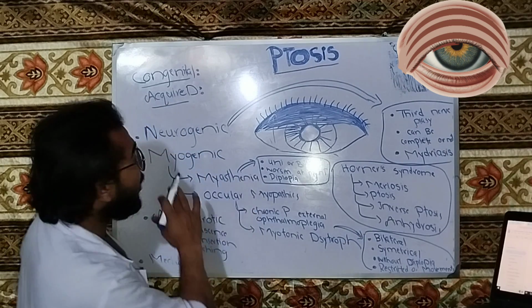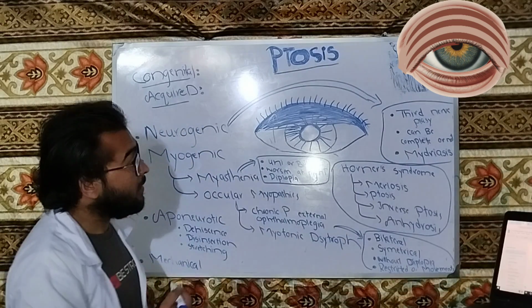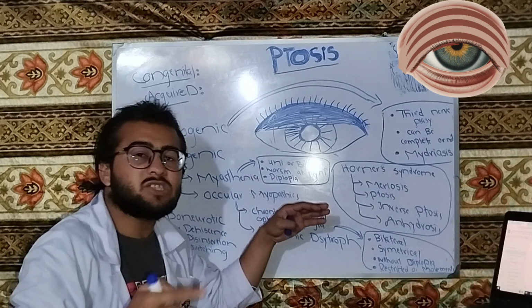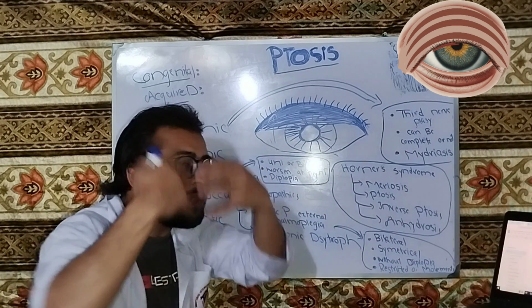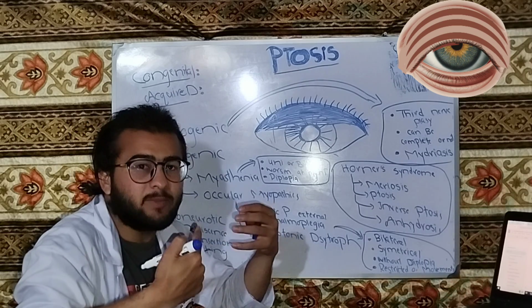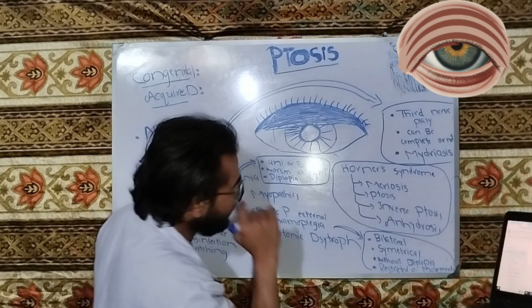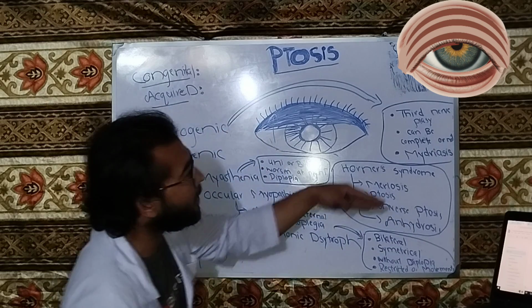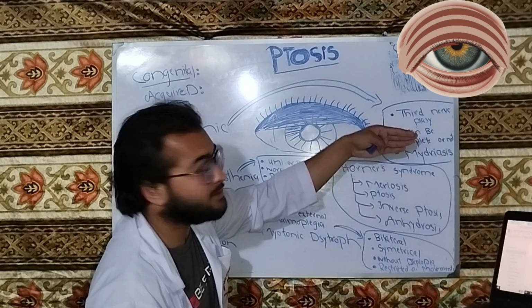Now how can the Horner syndrome cause ptosis? The Horner syndrome happens when there is damage to the sympathetic chain supplying the muscles of the eye. So what will happen? There will be miosis. It is opposite to the mydriasis in the third nerve palsy.